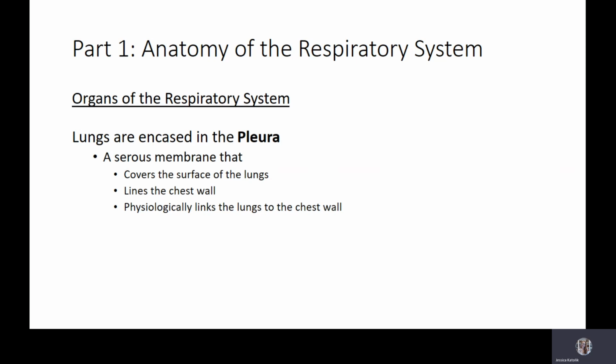The lungs are encased in a membrane called the pleura, and just like the heart has 2 layers for its pericardium, the pleura will have 2 layers. There will be a visceral pleura that will come in direct contact with the lungs, and there will be the parietal pleura that will be farther away from the lungs.